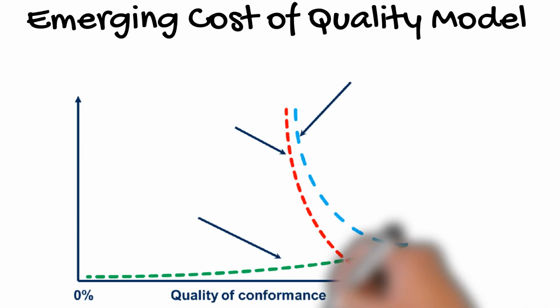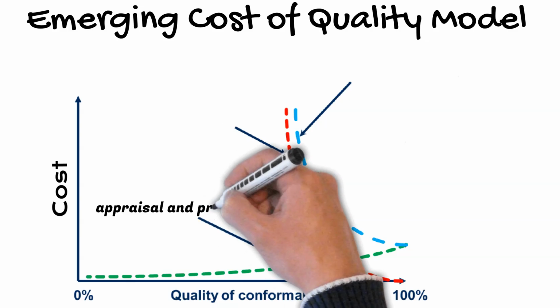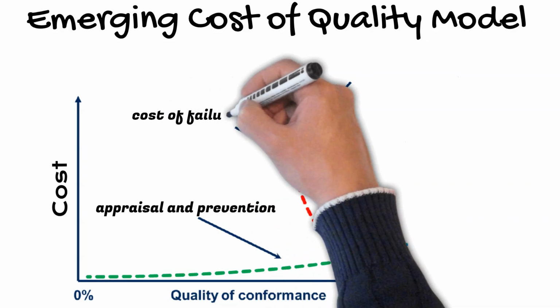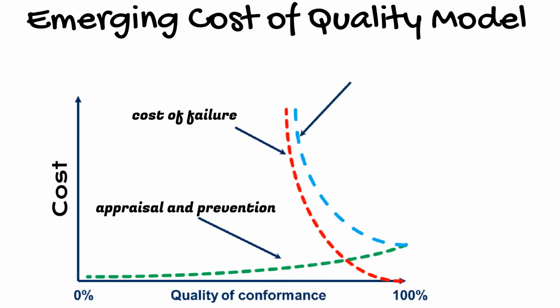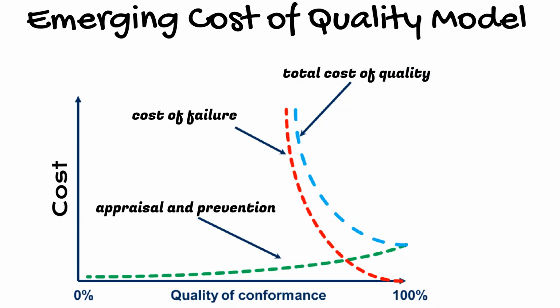Another model is called emerging quality model. The emerging cost of quality model, on the other hand, tells us that the cost of prevention and appraisal goes up almost linearly. Cost of failure drops exponentially. And the sum of two curves is exponential reduction of total cost of quality.